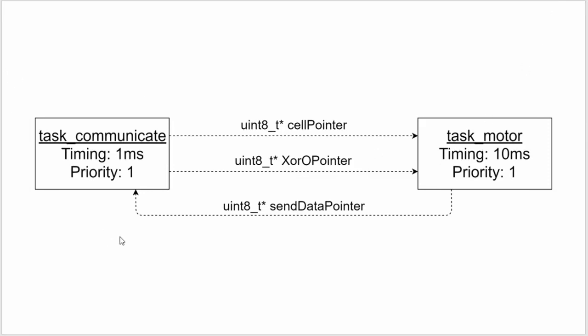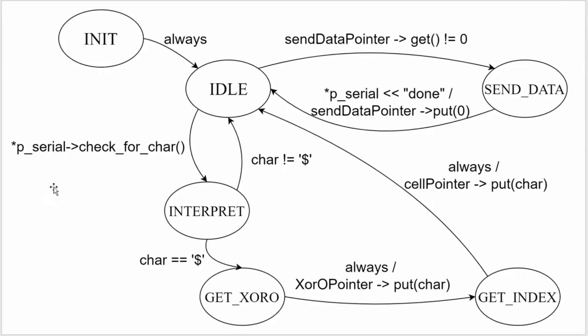Now, moving down to the state diagram, we will see here that we move always from the initialized state into the idle state for the communication task, where depending on whether or not we get something, we will either transition to the send data state, or if it is time to communicate that we are done with a move, we will send the done over serial.